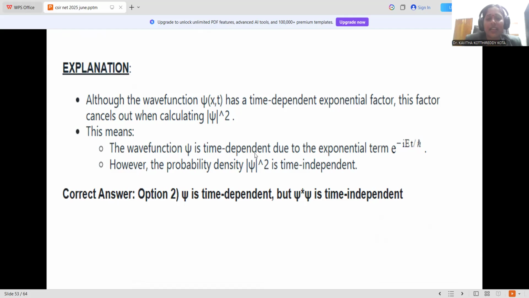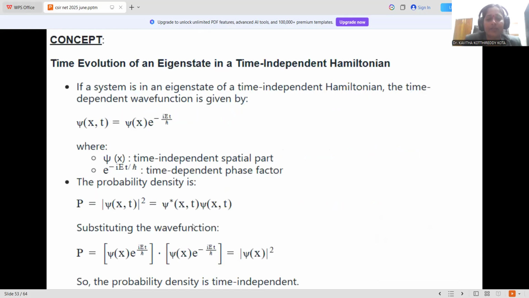The wave function psi has the time-dependent exponential term e to the power minus i E t by h cut. However, the probability density is time independent. One is dependent, another is independent. Here, the wave function is time dependent, and the probability density is time independent, right? So here psi is time dependent, but psi star psi is time independent.